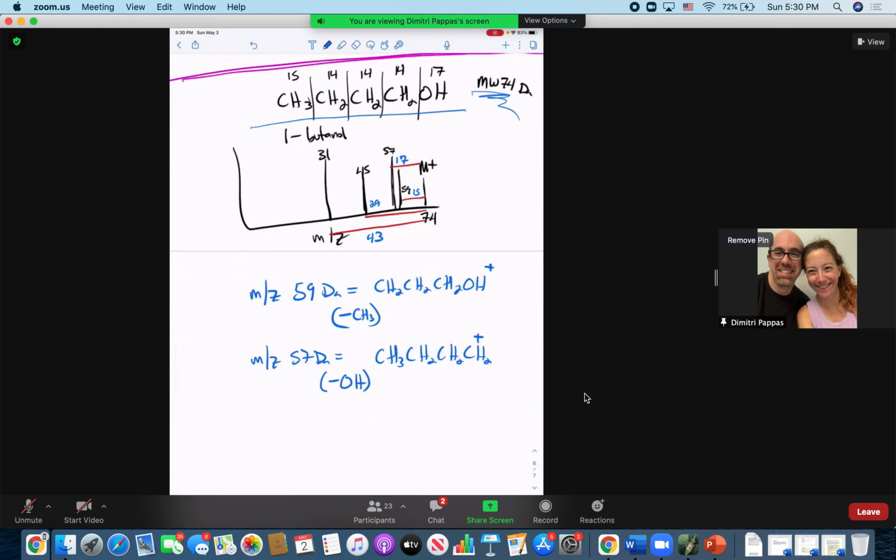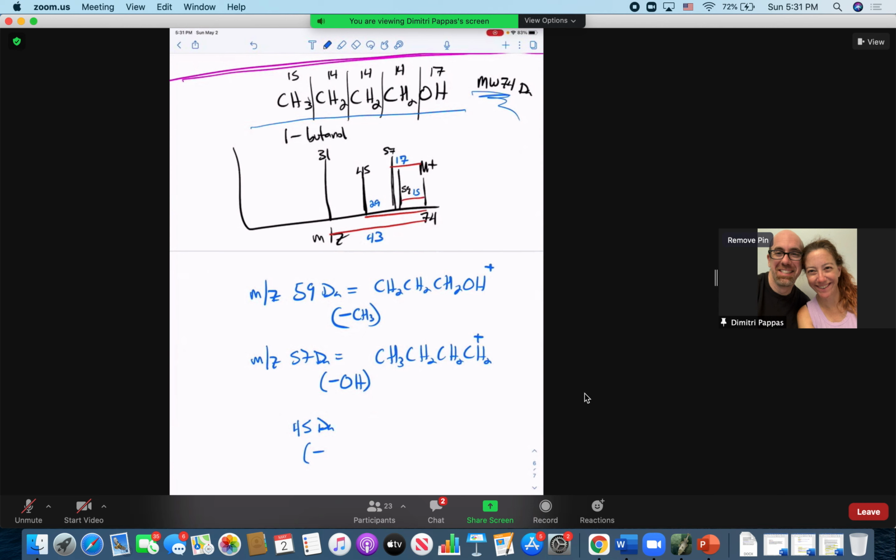Moving on to the 45 peak, right? What did you have to lose? You had to lose 29. So what functional groups add up to 29? The methyl group and the CH2 group. Yeah, one methyl and one ethyl, right? So you would have lost a CH2 and a CH3, and that gives you basically a structure of CH2, CH2, OH plus, right?